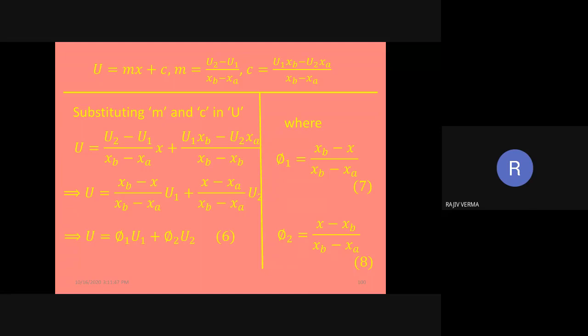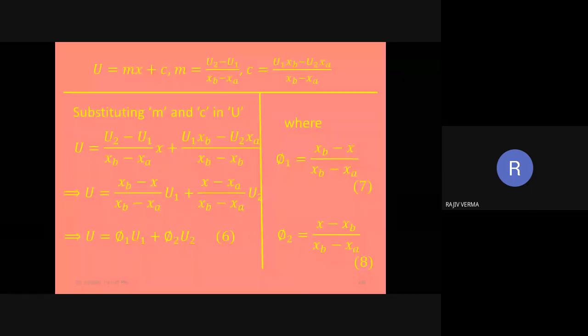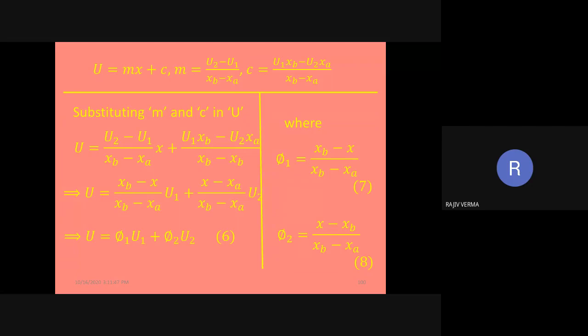And the next step is we substitute the value of m, n, and c back in the quadratic equation and then rearrange the terms so that we have an expression of the type u = u1 phi1 + u2 phi2 + u3 phi3. That means there are going to be three terms.